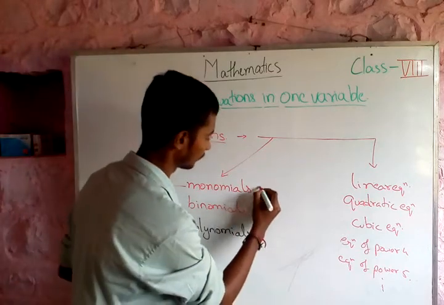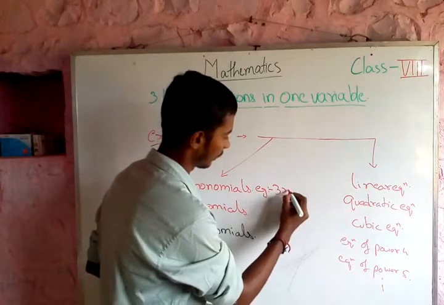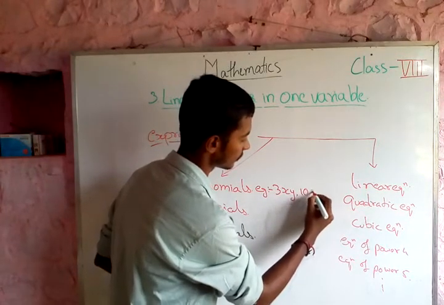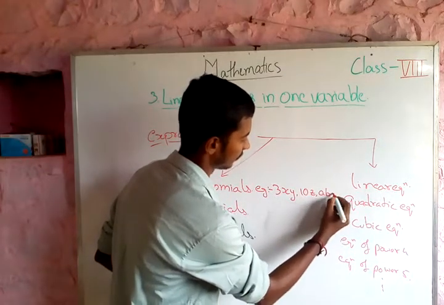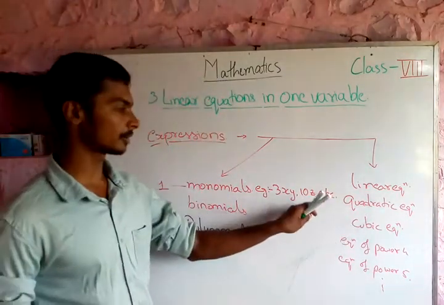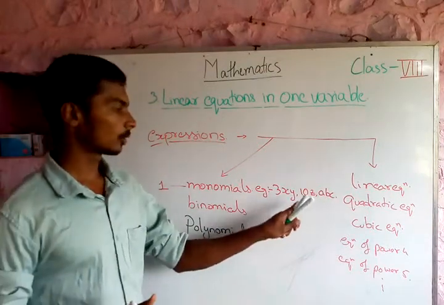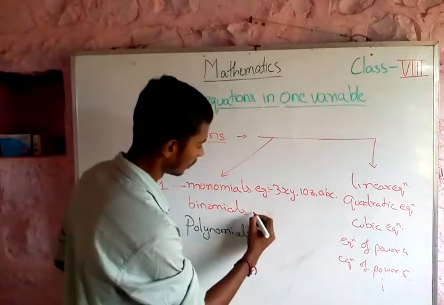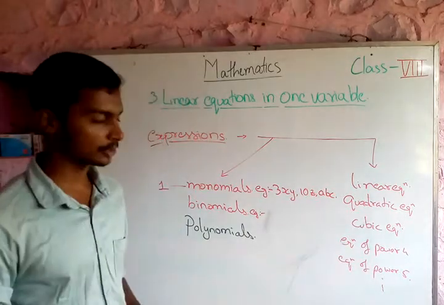For example, 3xy or 10z or ABC or anything like this. Okay, examples of this kind with only one term are called monomials.